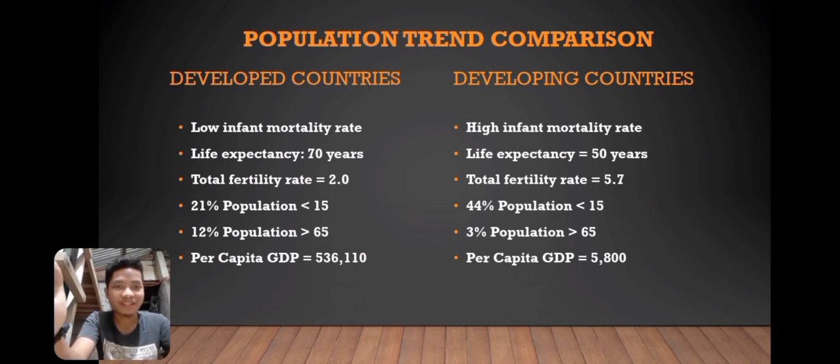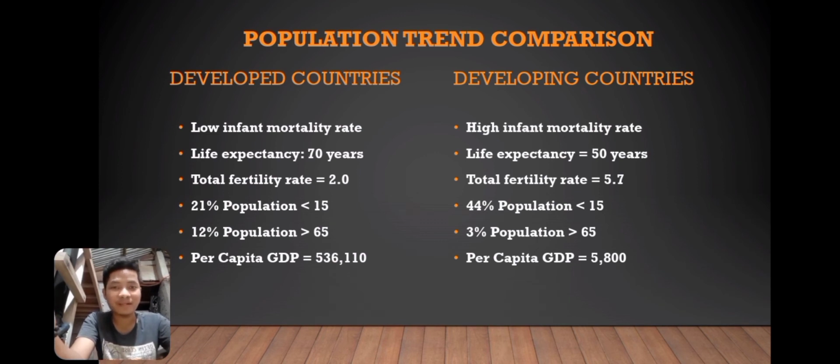And the total fertility rate is 2.0 sa developed countries. Now total fertility rate simply refers to yung bilang ng mga batang ipinapanganak, no? So the developed countries 2.0, while the developing countries yung total fertility rate is 5.7. So dito makikita na yung mga developed countries ay mas nakokontrol nila yung kanilang pagre-reproduce kumpara sa developing countries, no?